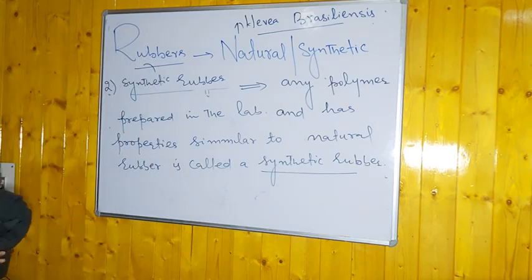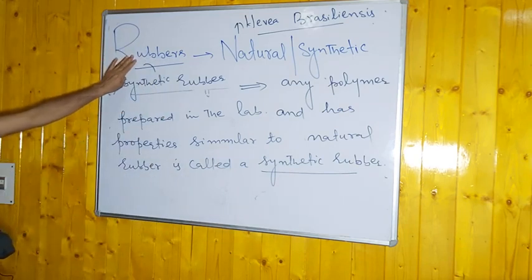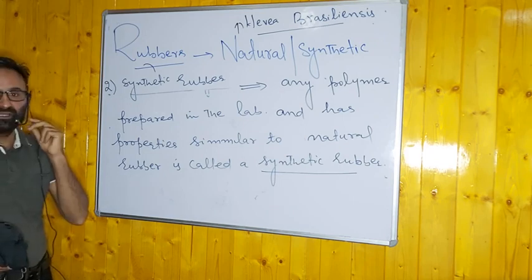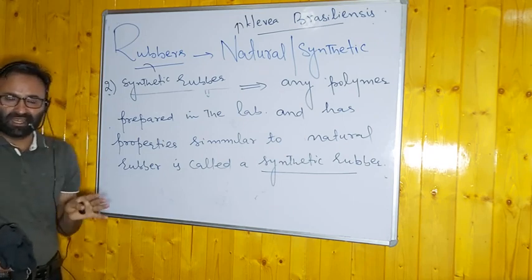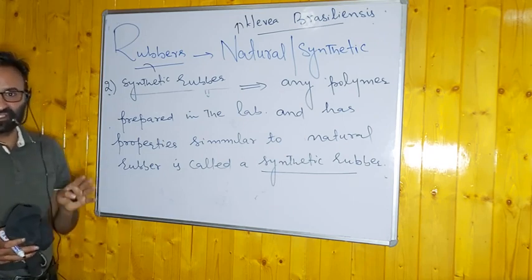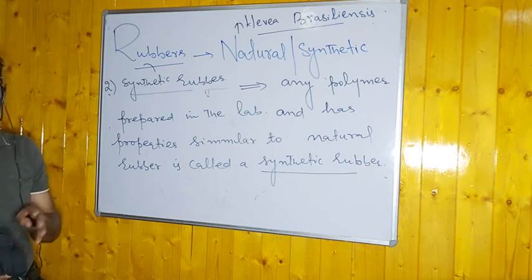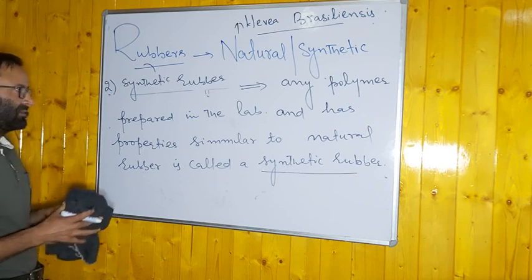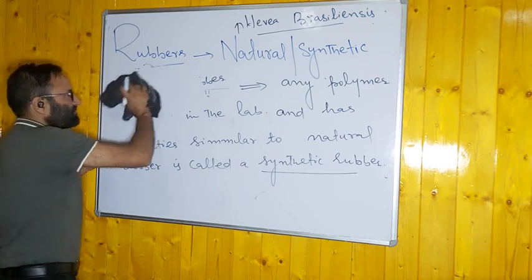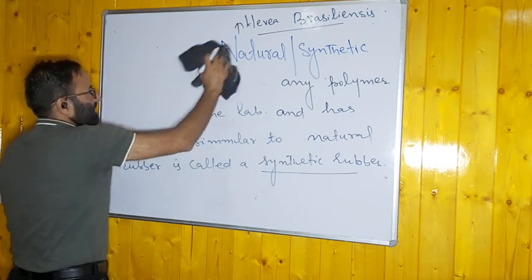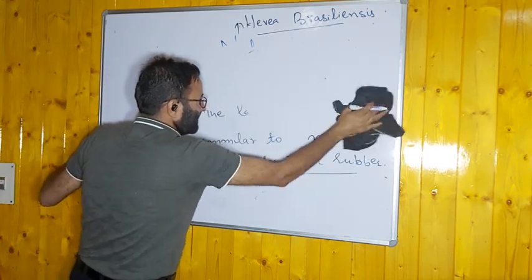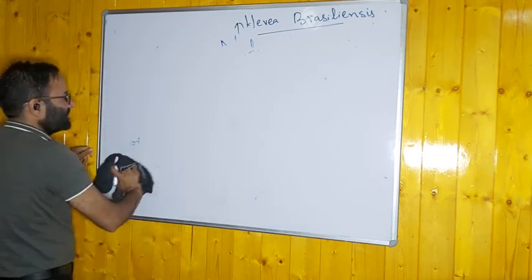It means that as far as rubbers are concerned, there are two types: natural rubber and the second type, synthetic rubbers. Now we will discuss these two types in a detailed manner. First we discuss natural rubber, then the second type, synthetic rubbers.